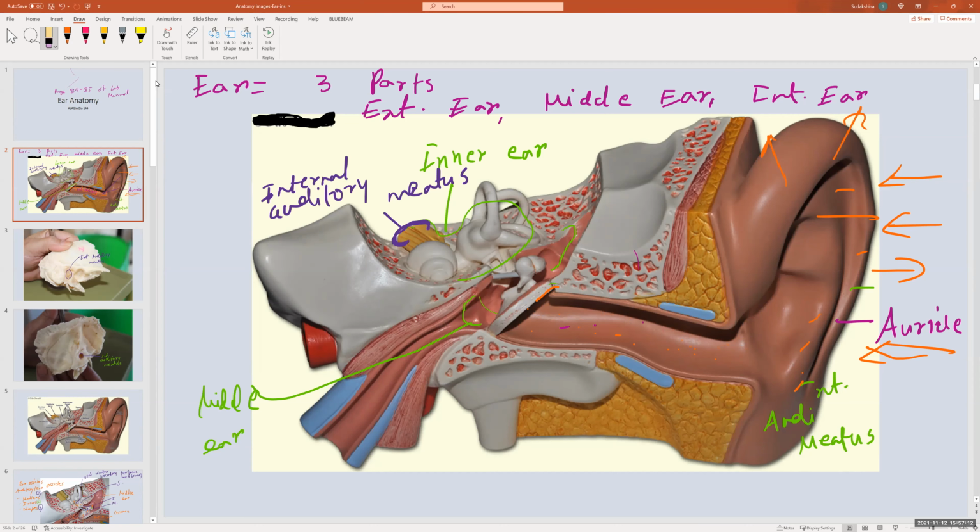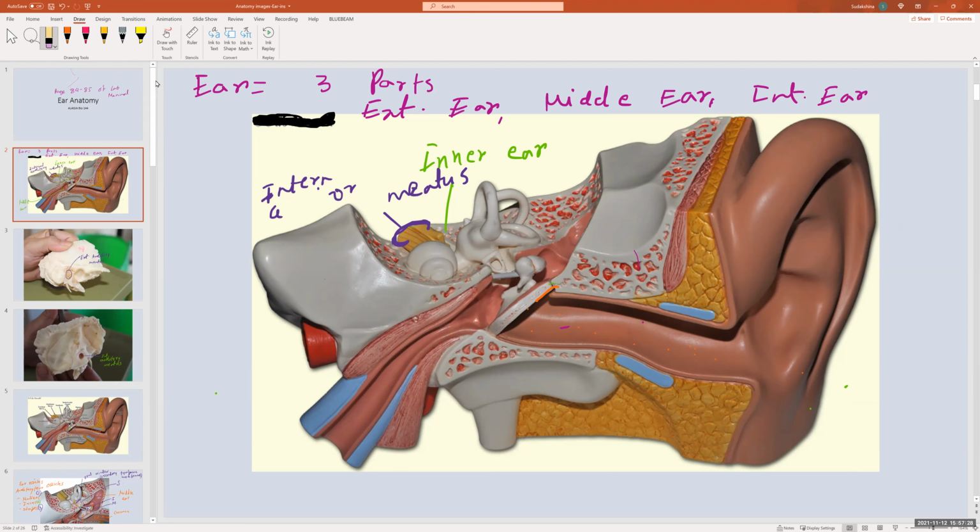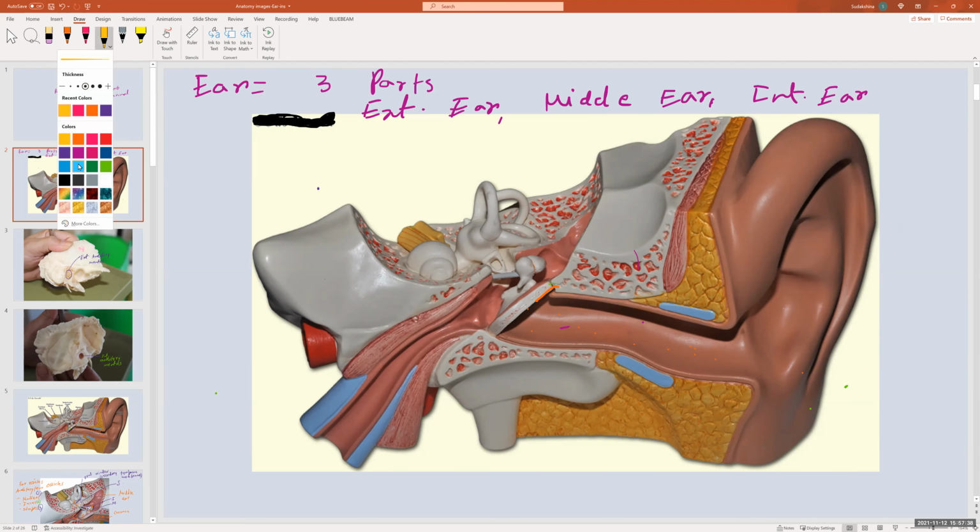So I'm just going to use one single color to show you the progression of the sound perception. We are starting with, let me see, which color would I use? Light blue. So sound wave travels via air. It's basically compression and expansion of the air.